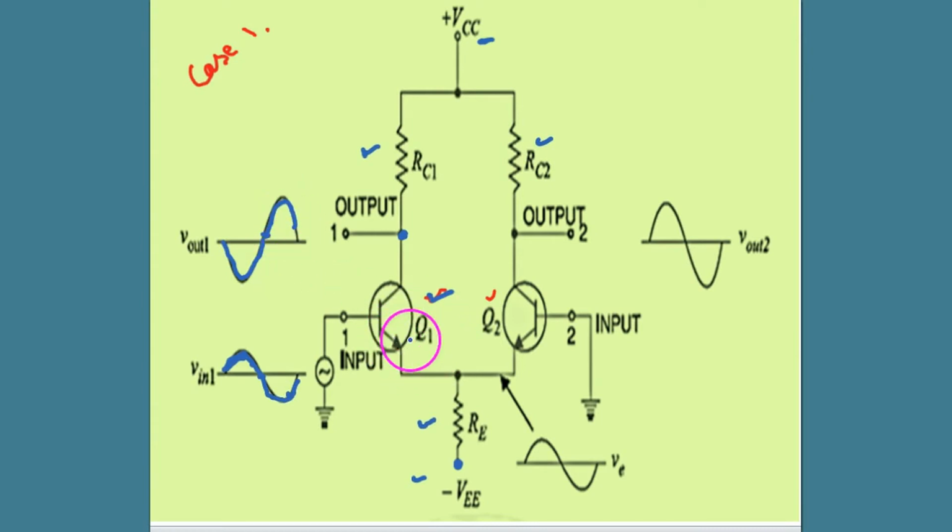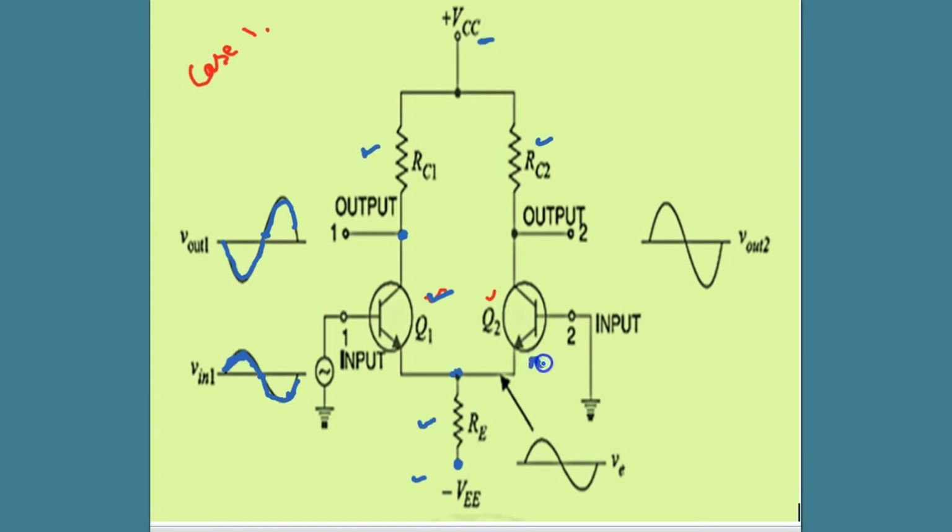Now Q1 serves as a common collector configuration also, because if the input is here, the output appears here. When the output appears at the emitter, meaning common collector configuration, then whatever the signal, the same will be the signal here, but slightly down in amplitude. So the same signal appears here and is applied to the second transistor Q2.